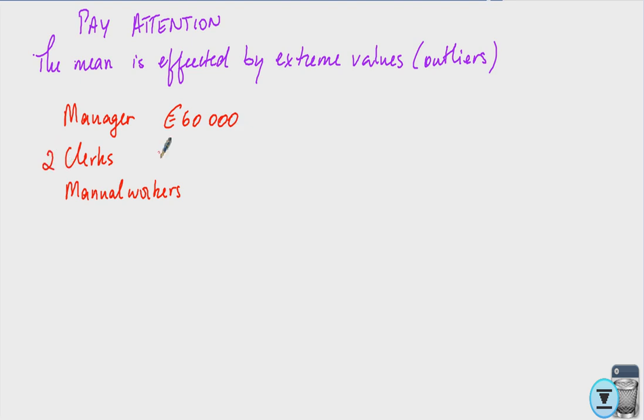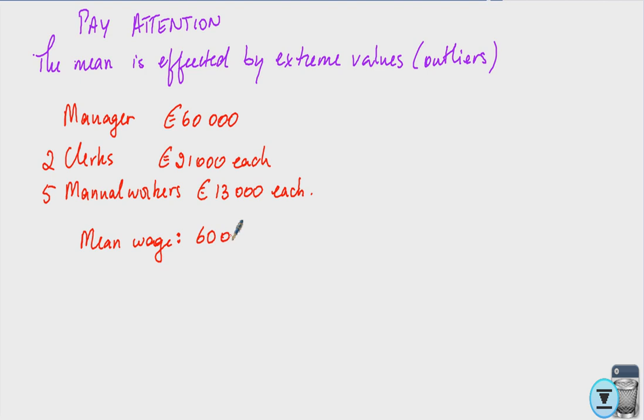I have 2 clerks whom I pay 21,000 each. And then I have 5 manual workers who I pay 13,000 each. So if I had to find the mean wage, it would have been the following.